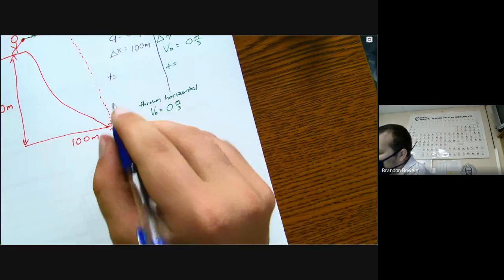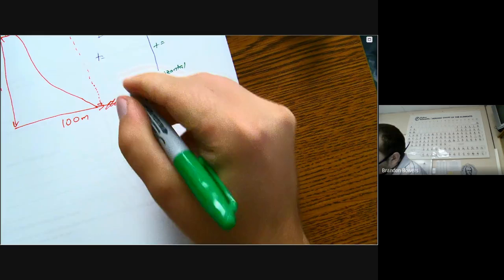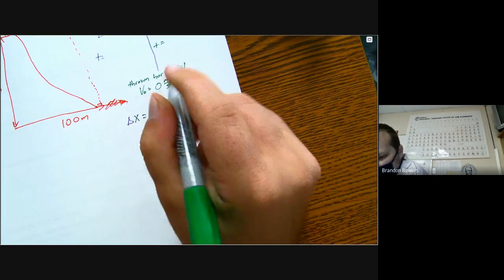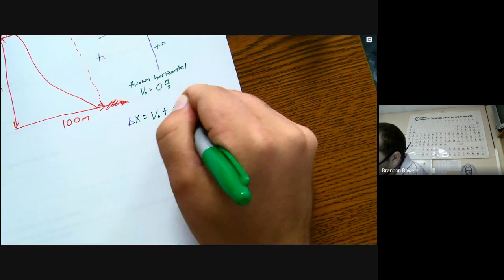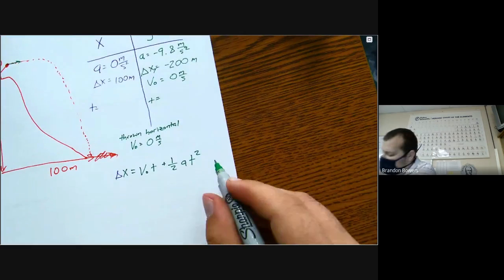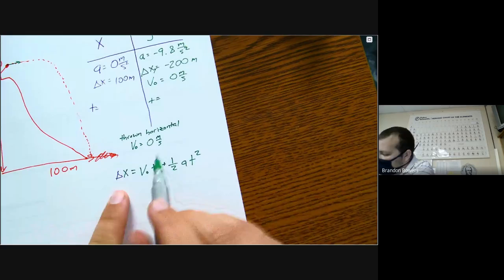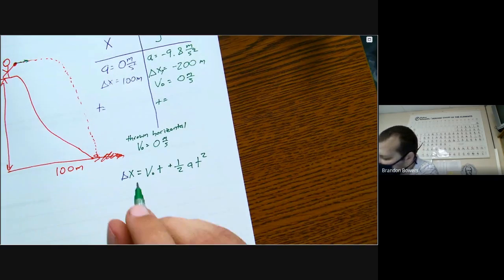What we're going to use is the delta x is equal to the initial velocity times time plus half the acceleration times time squared. So this is all my green. Delta x in my green is negative 200.